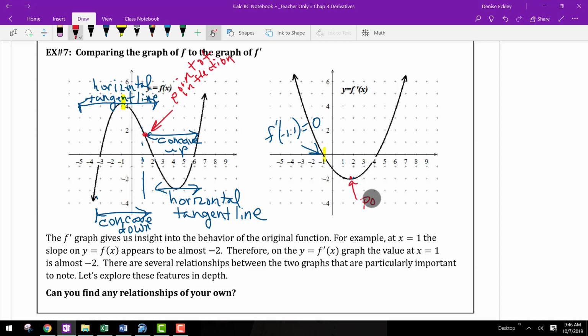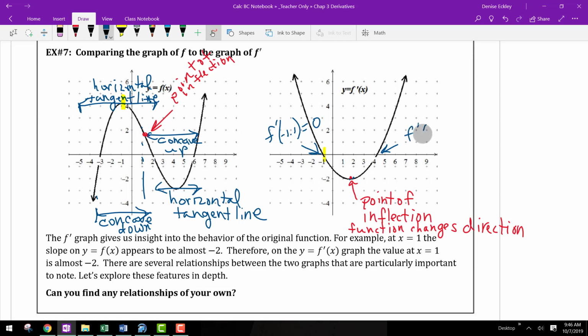This is our point of inflection. And if you notice, it's exactly where the graph starts to change direction. So this is where our function changed direction. And then, of course, our other 0 right here corresponds to our other horizontal tangent line.